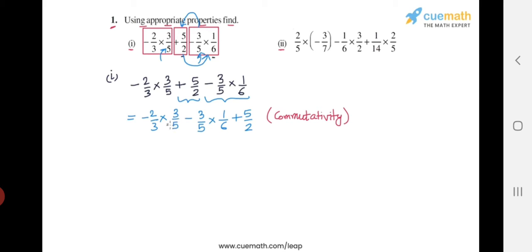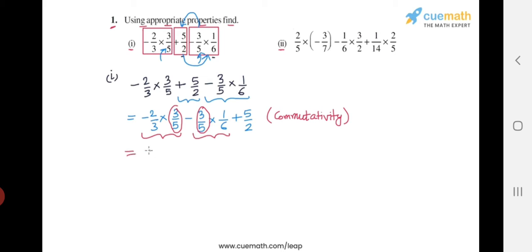Now if you look at this expression that we've written, there's a 3 by 5 term here and there's a 3 by 5 term here. So we can take this 3 by 5 term out common from the first two terms, and we can do this because of the distributivity of multiplication. So let's do that.